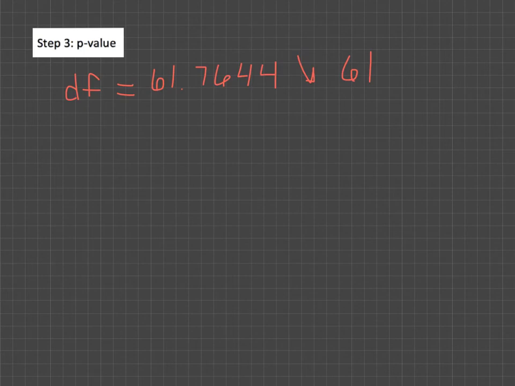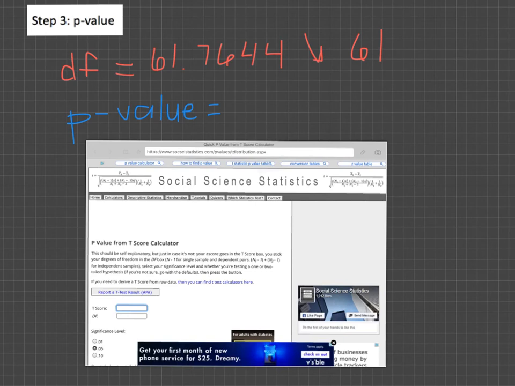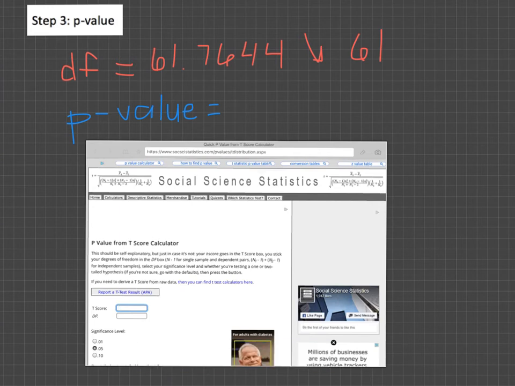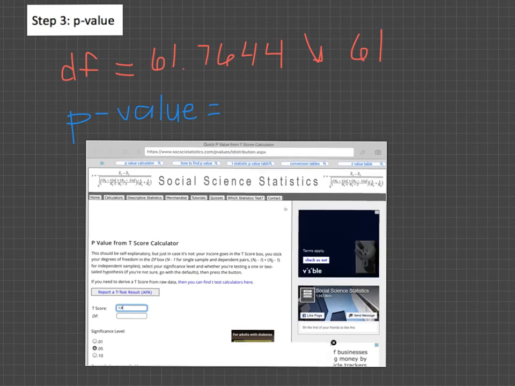And now we're going to use another online calculator to find the p-value. We're going to use the same p-value calculator we used for the previous chapter where we had just one sample. All right, we want to plug in the t-score. The t-value we have is 1.849.